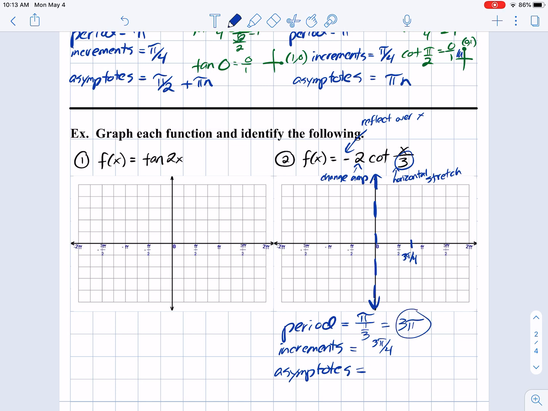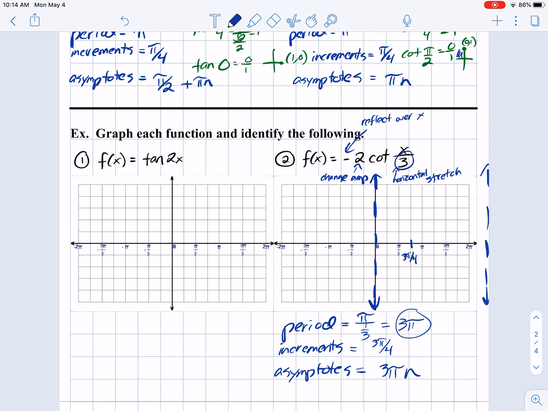So that's all the way down here at 3 pi. So we're going to be somewhere off our graph. I'll just put it all the way down here for now. So our asymptotes are actually at 3 pi n. No matter what we plug in for n, they're going to repeat asymptotes at every 3 pi. So 6 pi, 9 pi, 12 pi, 15 pi, so on and so forth.